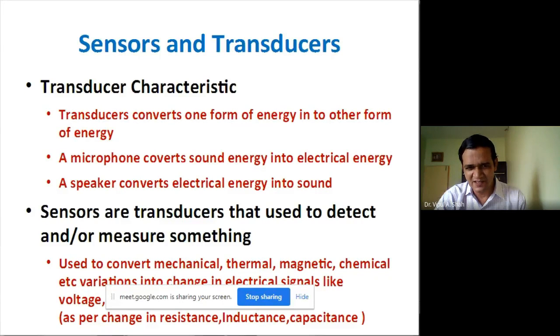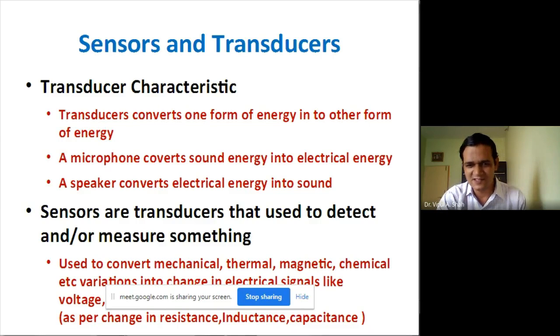So we can have the conversion of mechanical energy, thermal energy, magnetic energy, chemical compositions of our human body, or various signals which are electrical in nature, like resistance, inductance, capacitance, that we can change in terms of voltage and current.